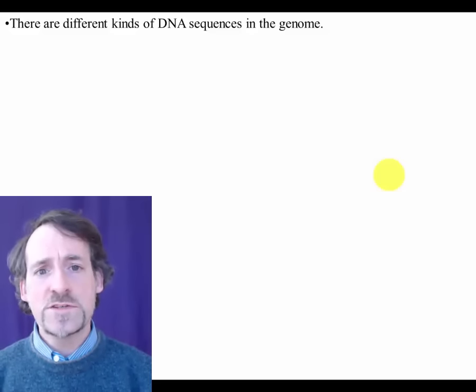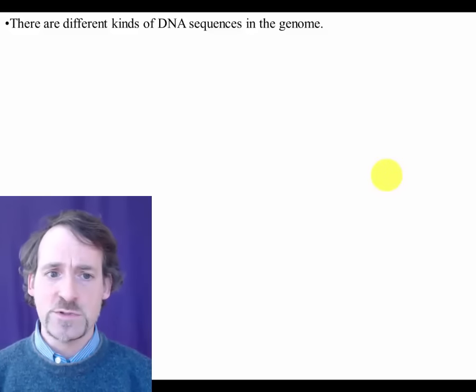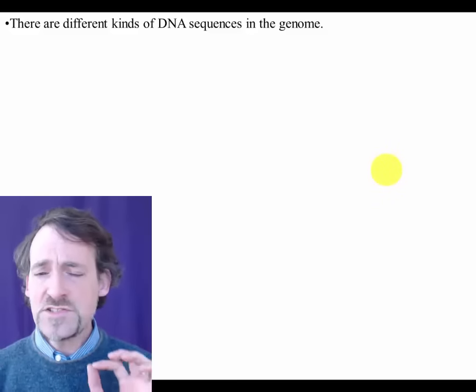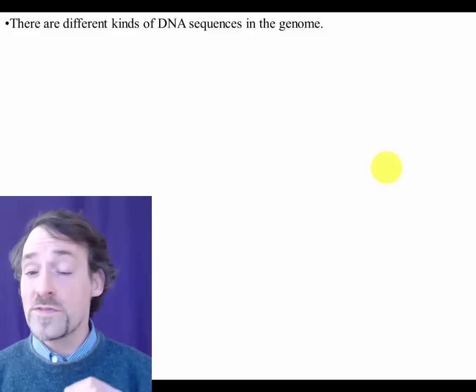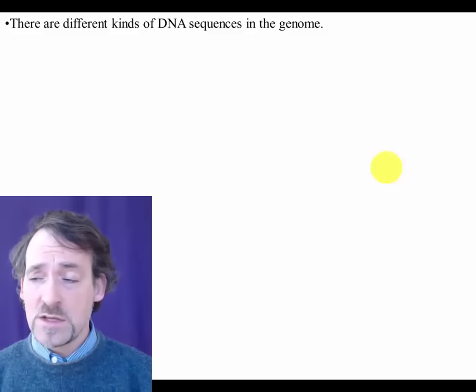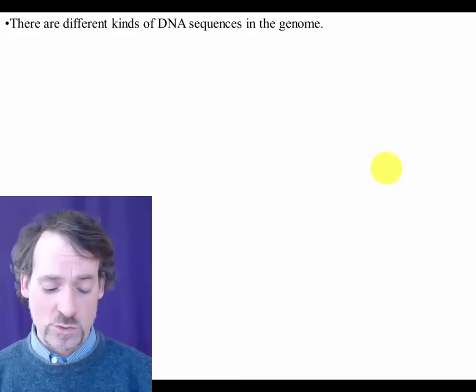There are a number of different kinds of DNA sequences in the genome that can experience mutations. And this is important because the kind of DNA sequence that you've got, or what that DNA sequence does, really matters when it comes to what a mutation does to an organism.